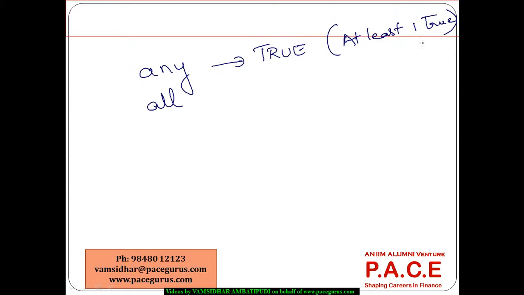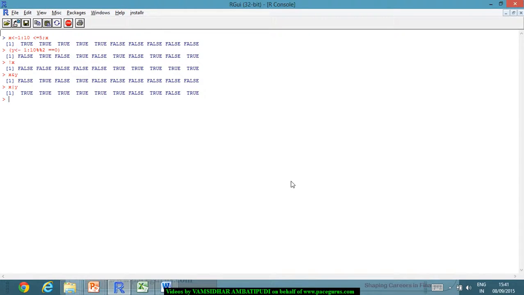If at least one is true, any will return true. And all will return true if all of them are true. Let me test this out. Let me create some x saying it is false, false, true.